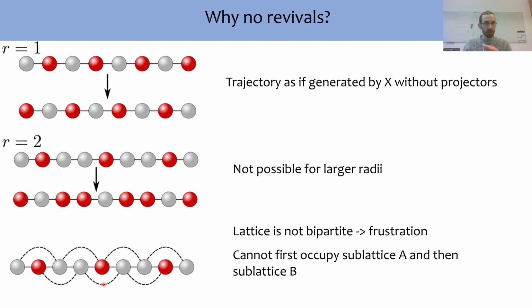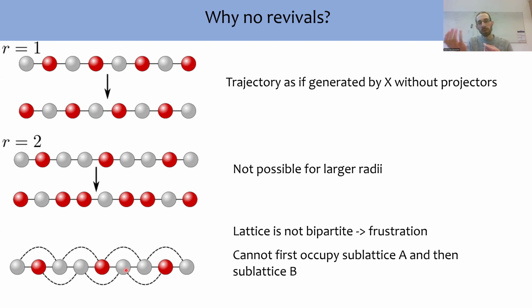And now I see I have something like triangles between, for example, these three. So my lattice is not bipartite, and I have some kind of frustration, where this one and this one both want to get excited, but they cannot get excited at the same time because they communicate. So it's really some kind of simple frustration.